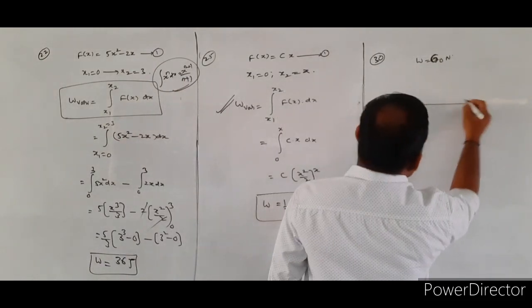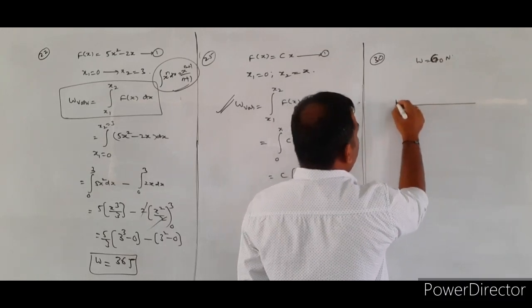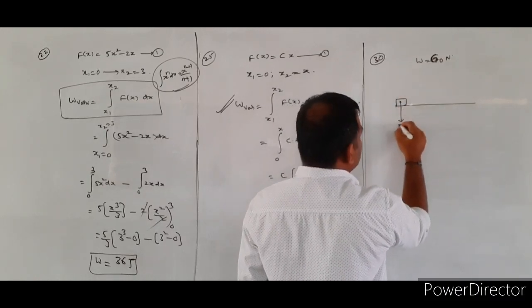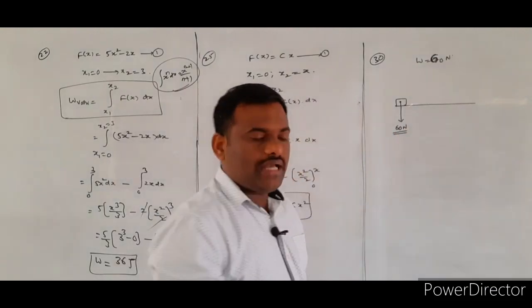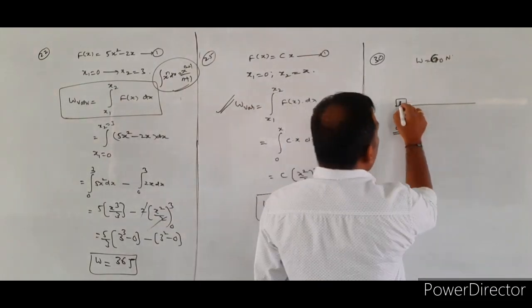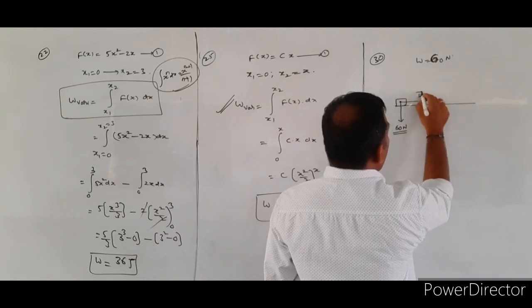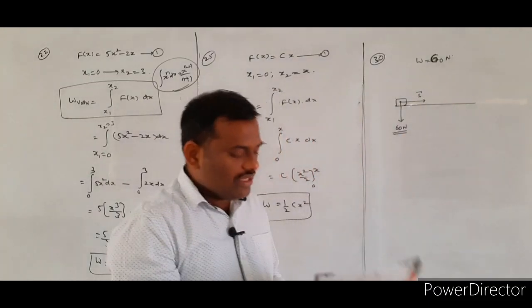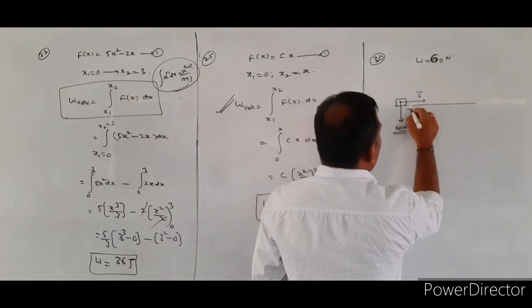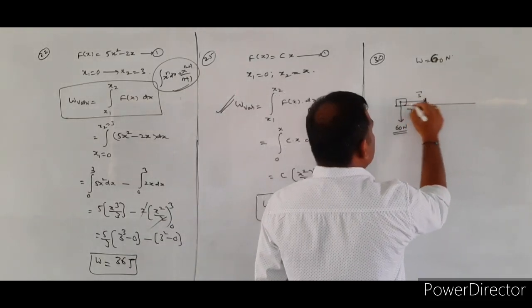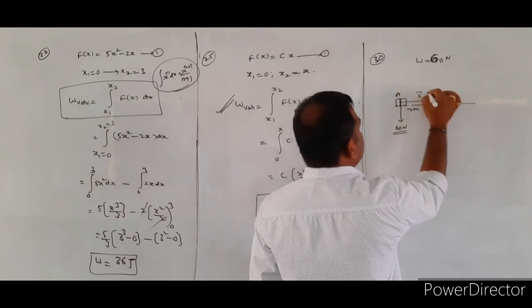Whenever he holds the bucket, its weight will be acting in the downward direction. He walks along the horizontal direction, by 7 meters. So he walked first from the point A to B.